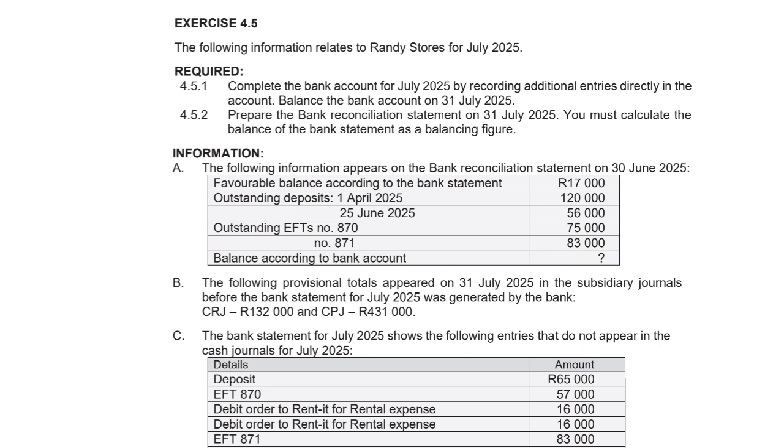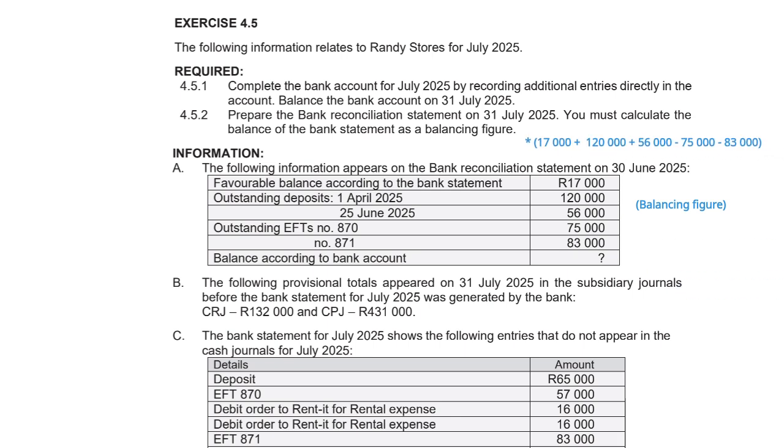Information A. The following information appears on the bank reconciliation statement on 30 June. I'm giving you your opening balance, your outstanding deposits, your outstanding EFTs, so we can now work out our balance according to bank account. It's simply our balancing figure.